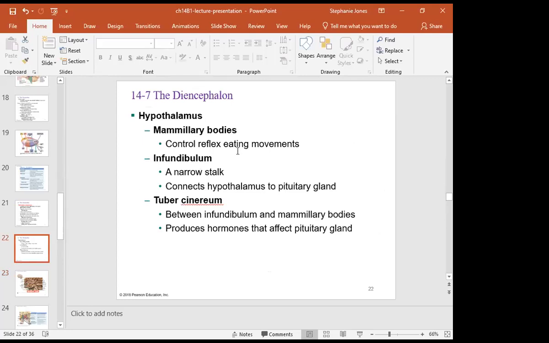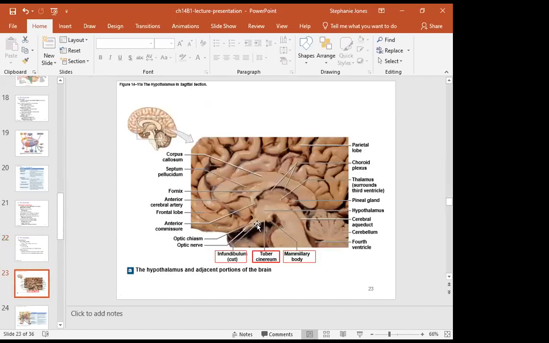The infundibulum is that stalk that will connect the hypothalamus to the pituitary gland so that the hypothalamus can help regulate the hormones that are going to be necessary within the endocrine system. And then you have the tuber cinerum, which is between the infundibulum and the mammillary bodies that will produce hormones that will affect that pituitary gland.